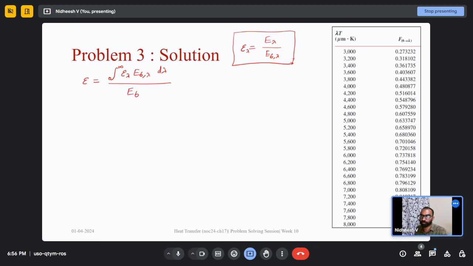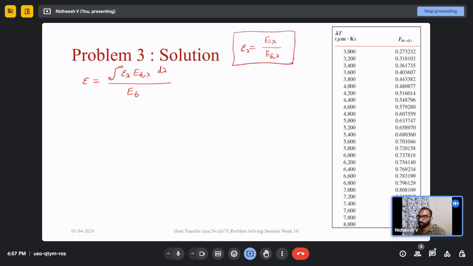Emissivity is again, the numerator is emissive power of a real body, and denominator is emissive power of a black body. Total emissive power and total emissive power. Denominator is black body, numerator is real body. How is emissive power of a real body defined? It is epsilon times the emissive power of a black body, right?